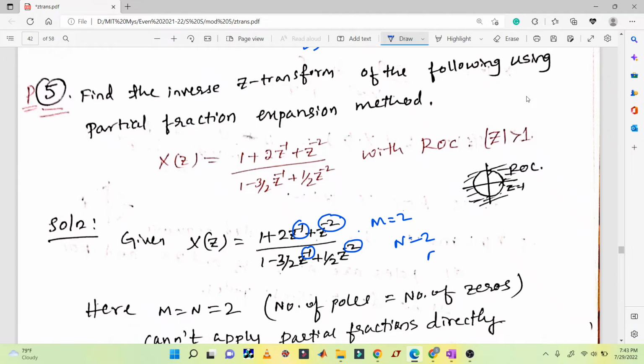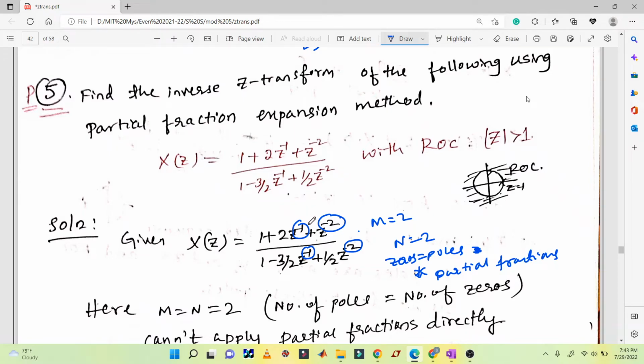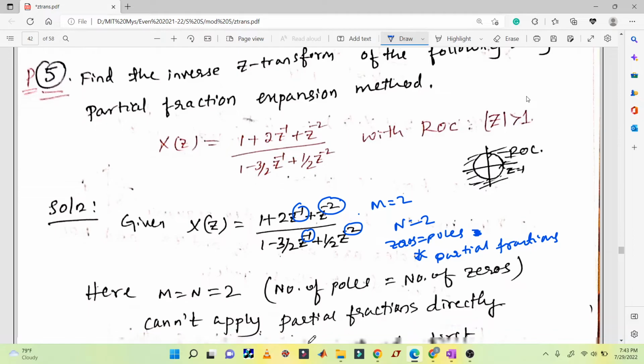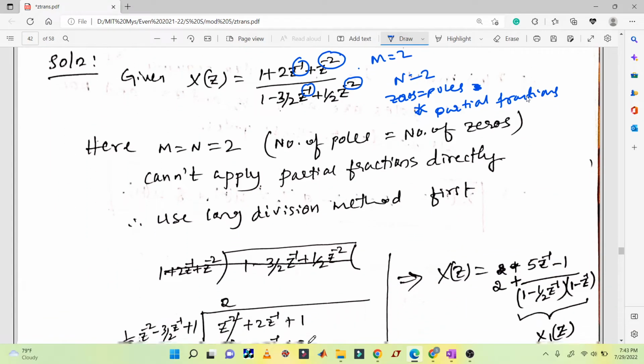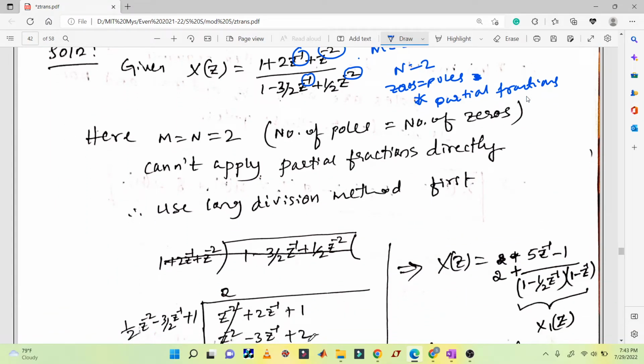Number of zeros is equal to number of poles, so we cannot apply partial fractions directly. So we apply the long division method for the first term.